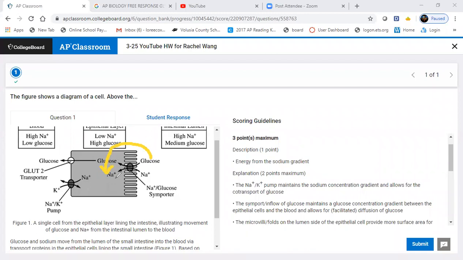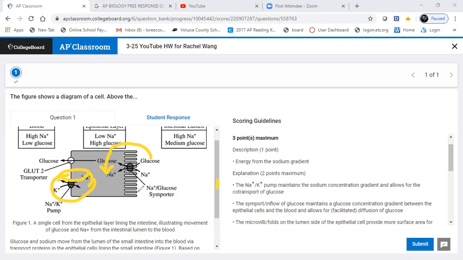Well, what happens if this sodium gradient equalizes? What happens if there's so much sodium rushing into the inside of the epithelial cell that we no longer have a gradient? That's where we need to reference this pump. So what's happening with this pump? Well, as the sodium's rushing in, this pump is pumping it out.